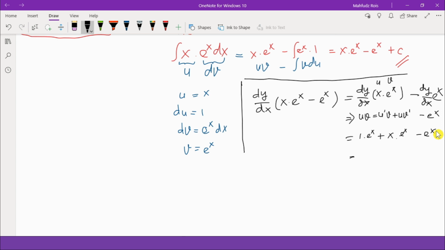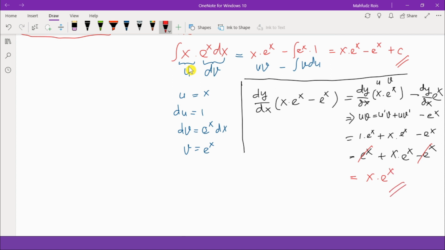As you can see here, the result will be e to the x plus x times e to the x minus e to the x. Alright, and then we can cancel e to the x minus e to the x, so what remains is only x times e to the x.